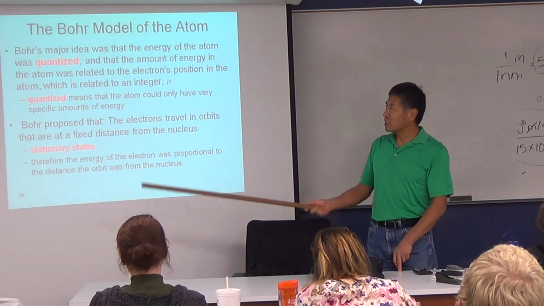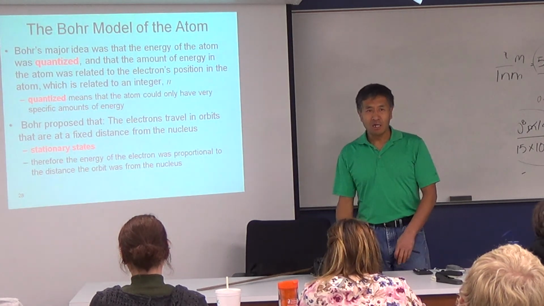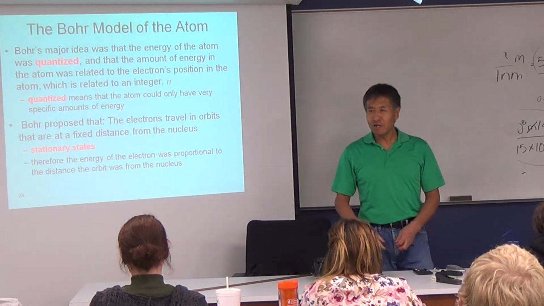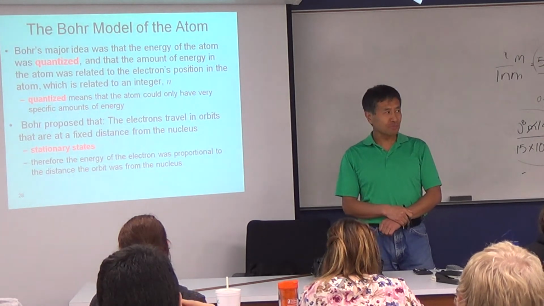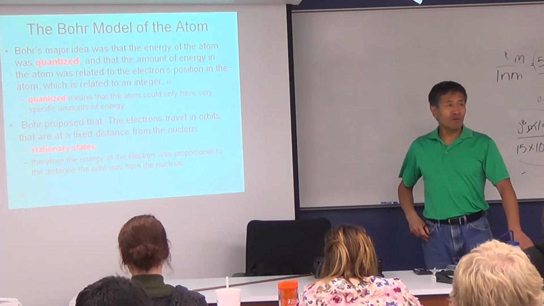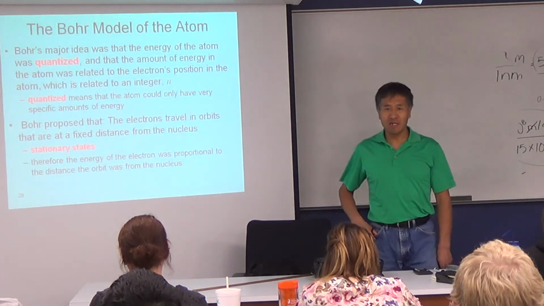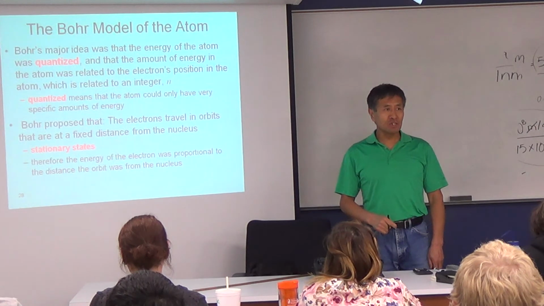So he quantized the energy. He said the electron in the atom goes around the nucleus like the Earth goes around the sun. Those energies of the electron are quantized, and their trajectory, their path, is fixed.